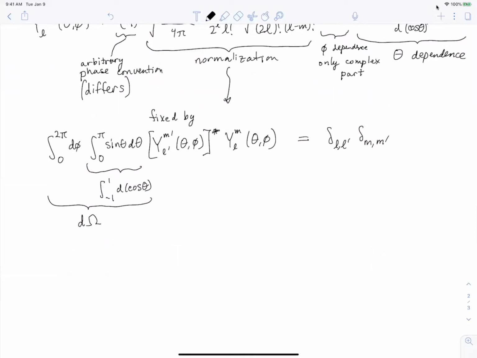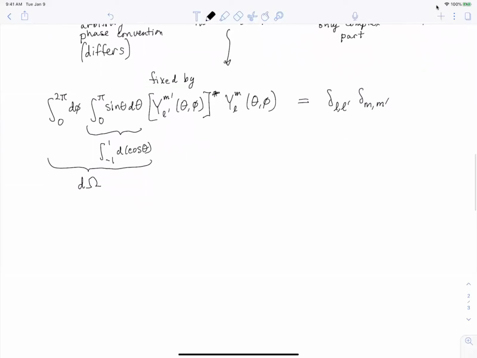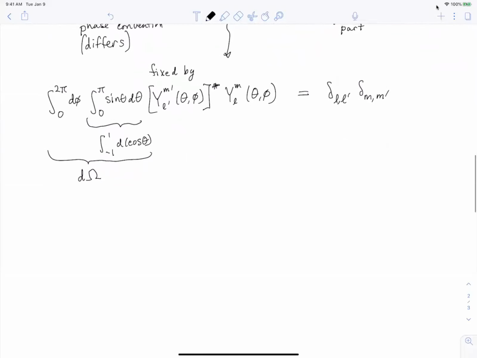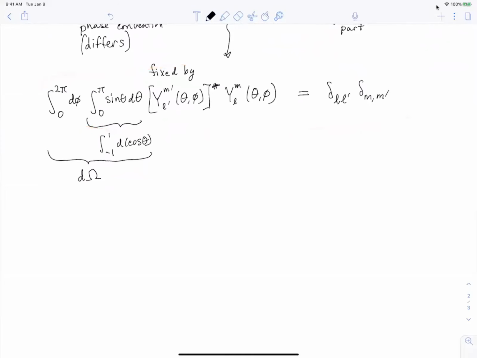So d omega is a synonym for an integral over phi and theta over all possible values. So we'll be using that as a shortcut notation going forward.